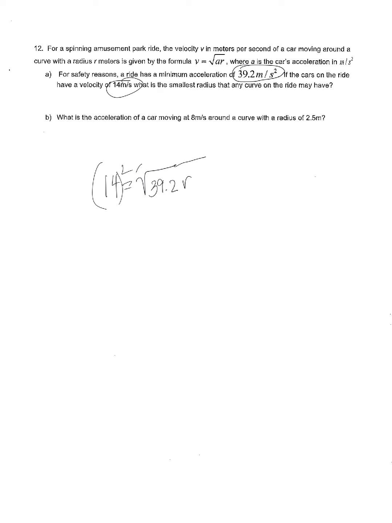So if we square both sides, that's 196 equals 39.2 R. Divide both sides by 39.2. And we have 196 divided by 39.2 is 5. So 5 is equal to R.